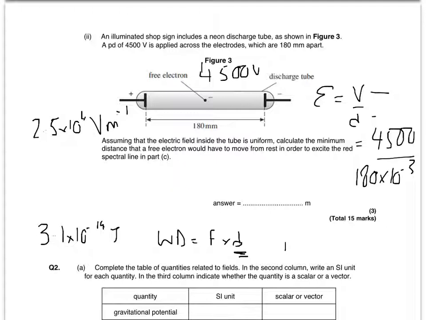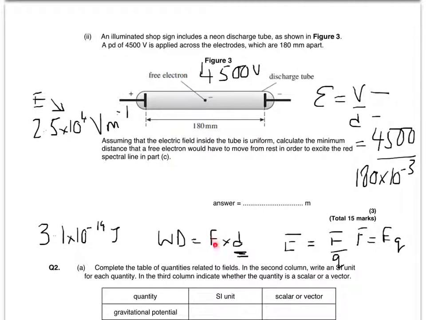So E equals F over Q, so F equals EQ. E was this figure here. So 2.5 times 10 to the 4 times the charge of an electron, 1.6 times 10 to the minus 19. It's 4 times 10 to the minus 15, so that's the force on the electron, which is this force here.